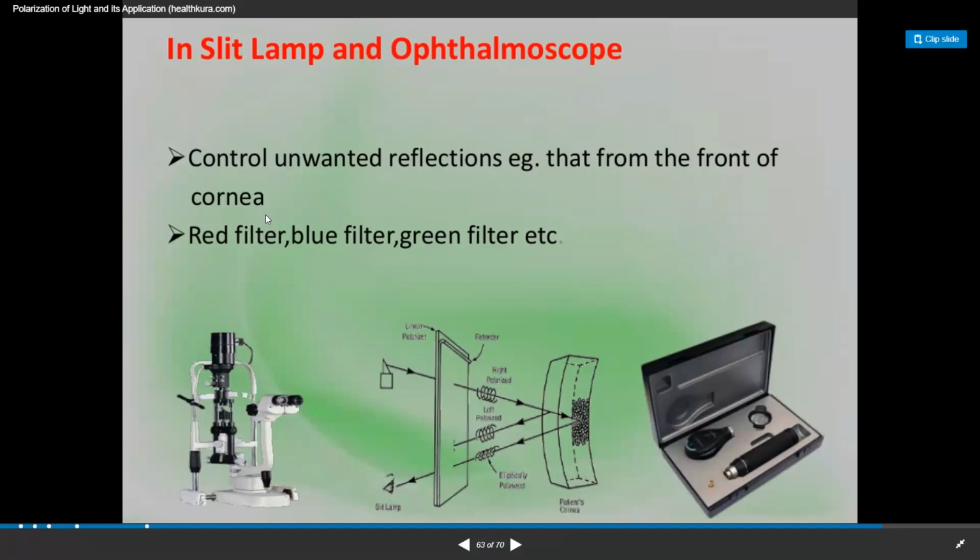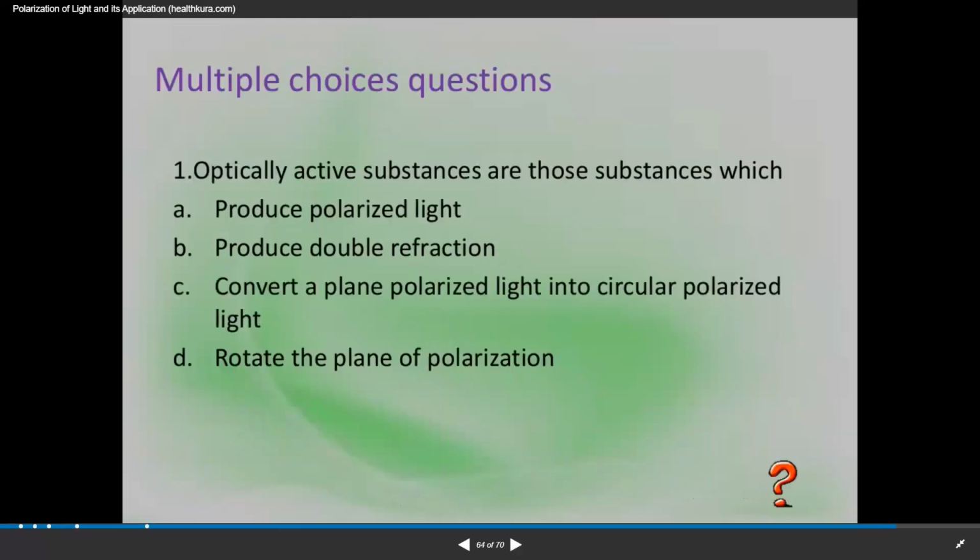The cornea is the top layer of the eye. By using respective filters, red, blue, green and so on, by using a suitable filter, we control the unwanted reflections from our eye. So these are the applications of polarization.